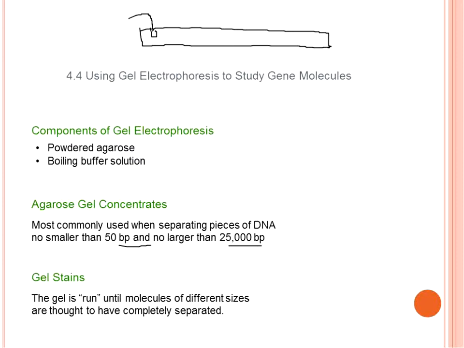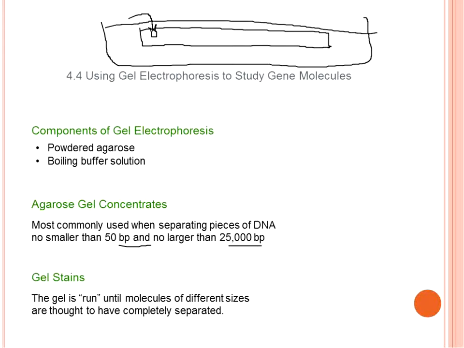You put your sample into the well, and you have electrolyte solution around it and two electrodes, negative and positive. The DNA has migrated, and let's say one fragment has reached over here, one fragment is over here, and another fragment is over here. You have three fragments.